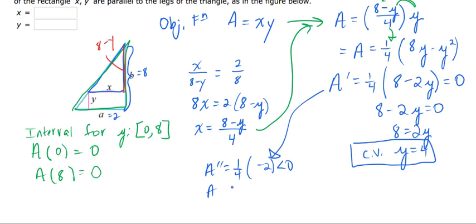Sorry, I said that backwards. A is concave down if the second derivative is negative, so A has a max, which is what we want. Then you would solve for x right here when y is 4.